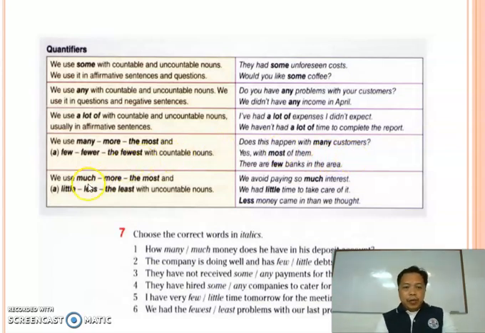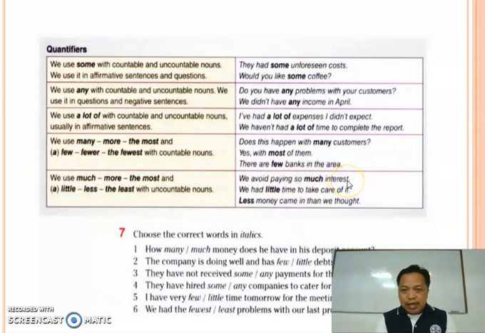Now, another. We use much, sorry, more, the most, and a little or little, less, the least, with uncountable nouns. Yeah? Uncountable nouns only. It means the things that you cannot count. So, example here, we avoid paying so much interest.